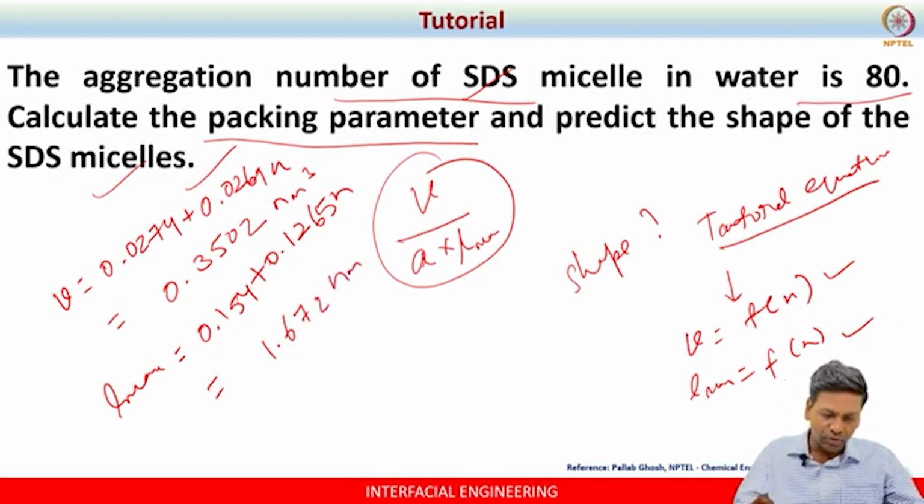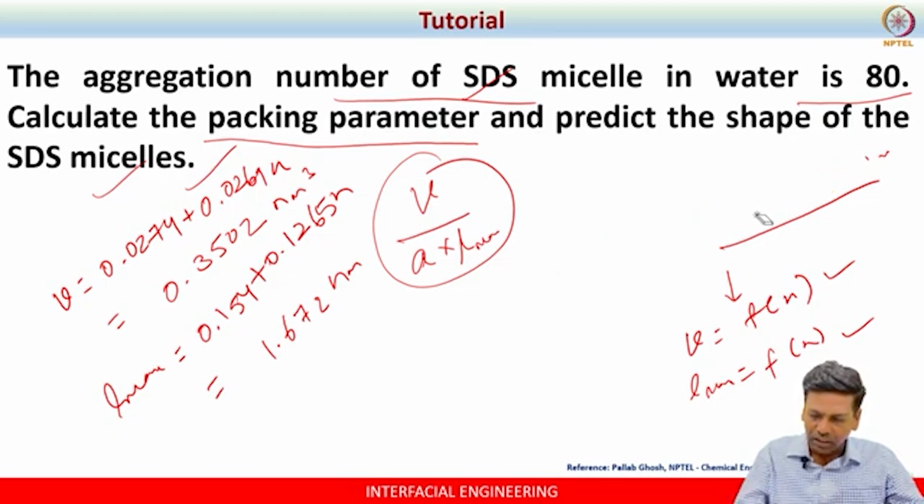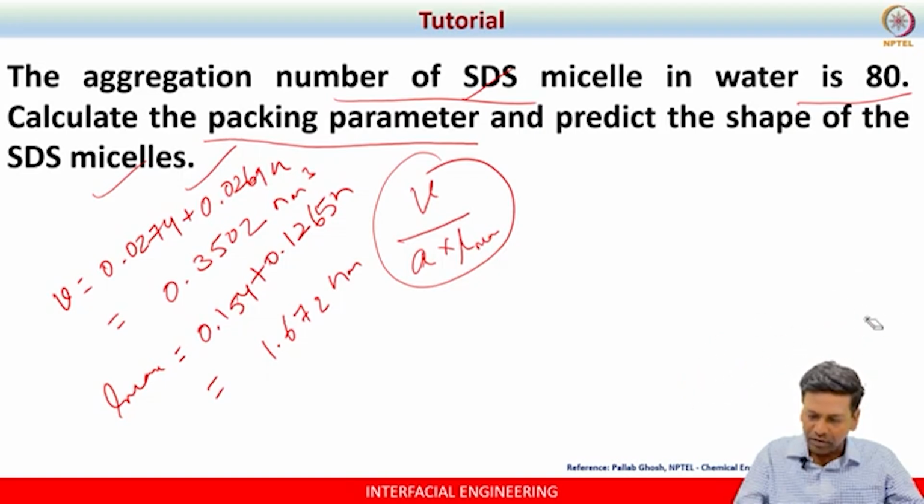Now what we need to do is substitute. Let's say we assume the shape of the micelle will be spherical, then the volume is going to be 4 by 3 pi r cube.